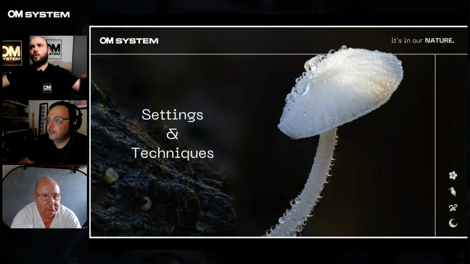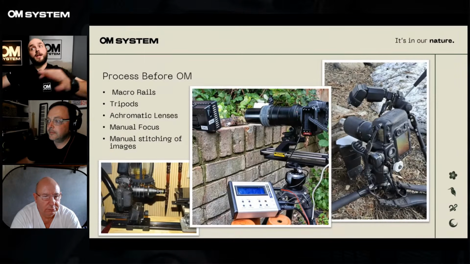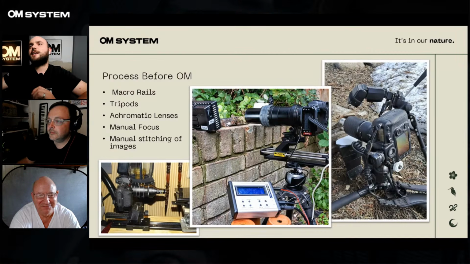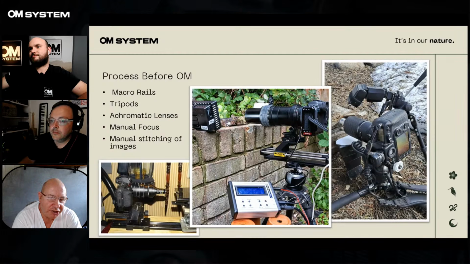So before we go straight into settings, let's have a look at what you would normally have to do. I'm going to go straight to Glenn on this one. How many times did you have to carry that sort of kit around? I have to say I didn't use the rails because I never had one. And on the right hand side, I've done that numerous times.